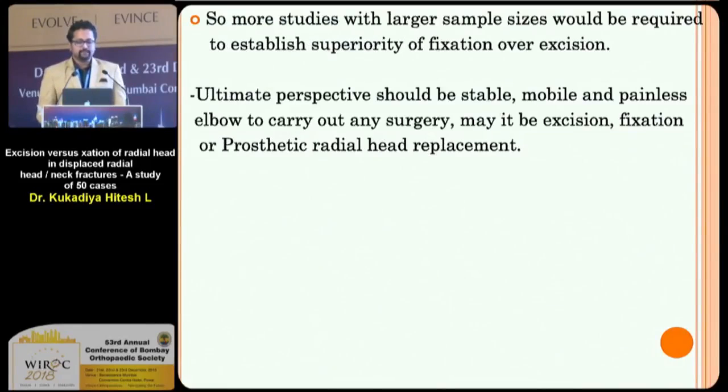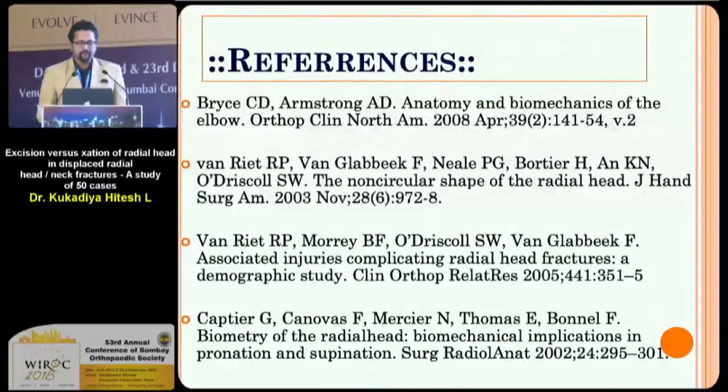More studies with larger sample sizes would be required to establish superiority of fixation or excision, but the ultimate perspective should be a stable, mobile, and painless elbow, be it excision, fixation, or prosthetic radial head replacement. Here are some of the references.